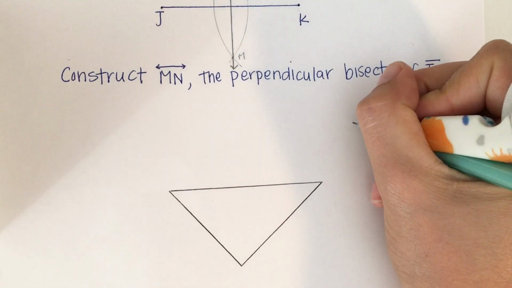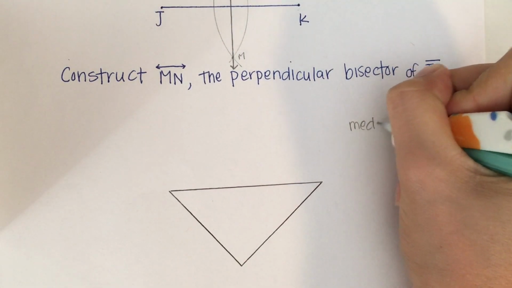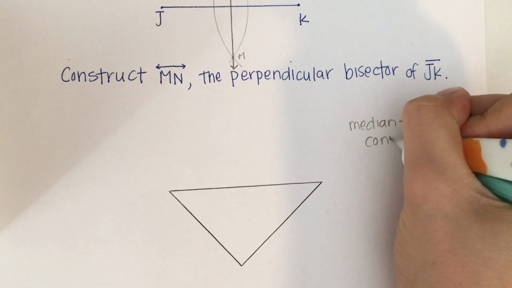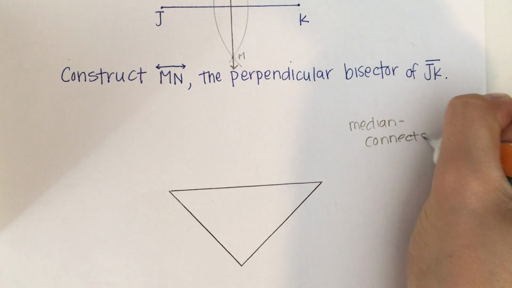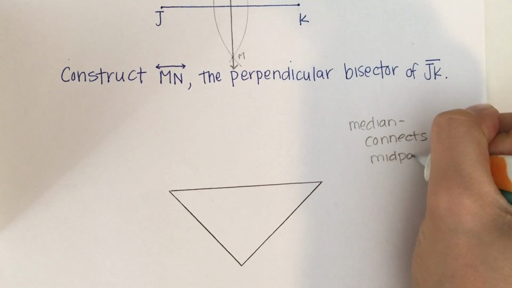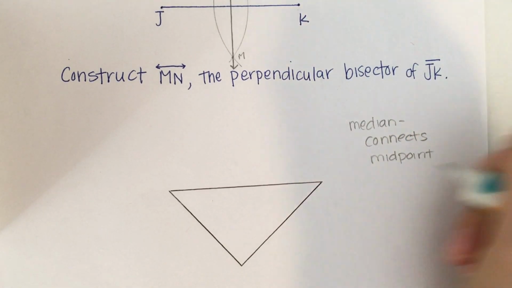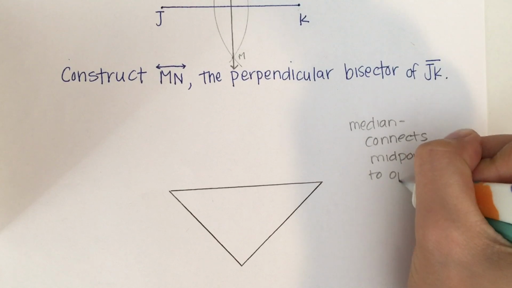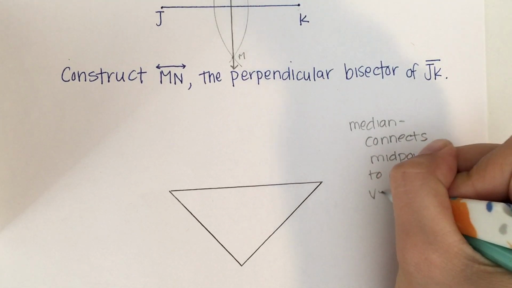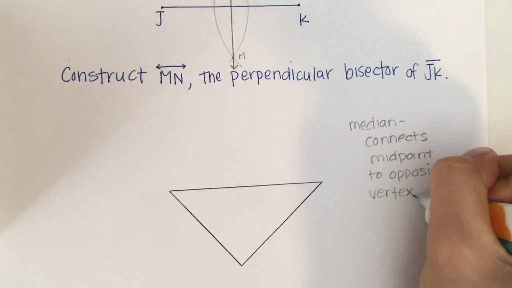A median connects a midpoint to the opposite vertex in a triangle.